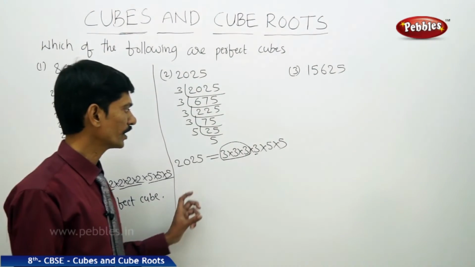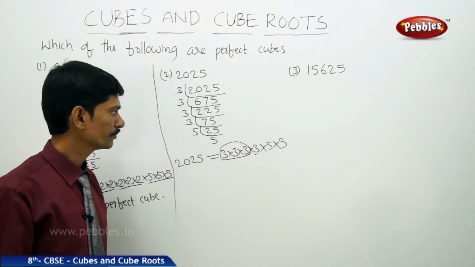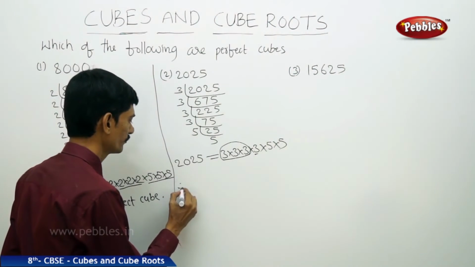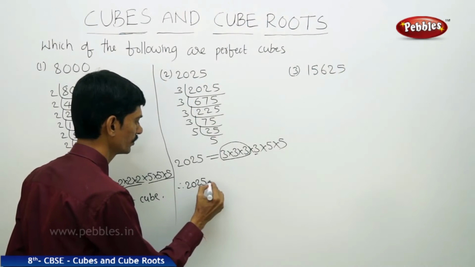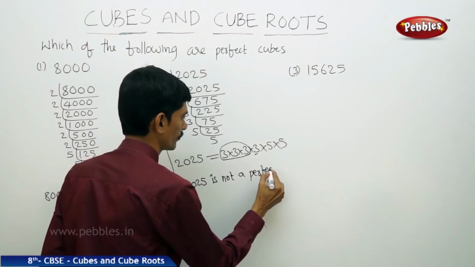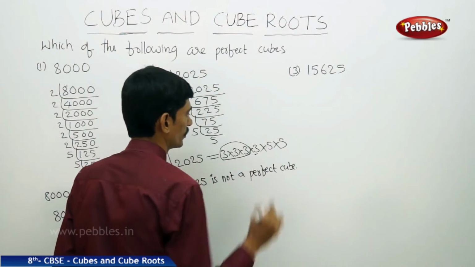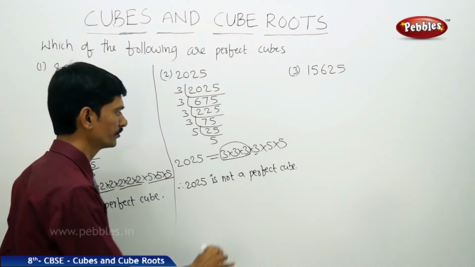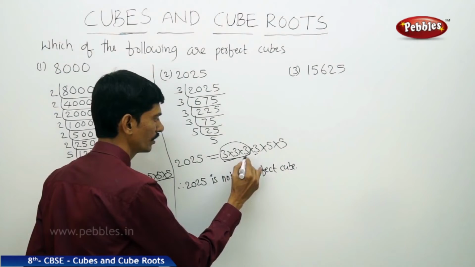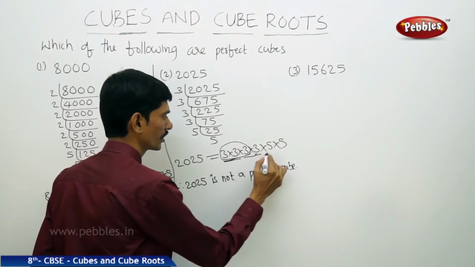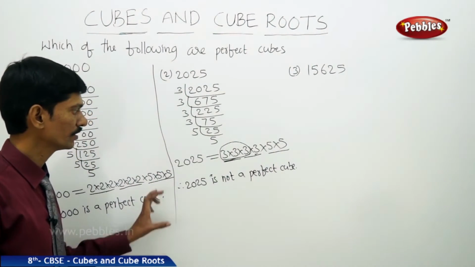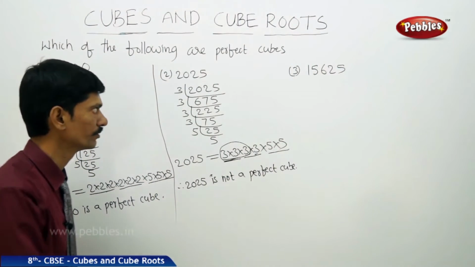This means each prime factor does not appear 3 times, so 2025 is not a perfect cube. But we can observe that it is a perfect square, because 3 into 3 is a pair, again 3 into 3 is a pair, and 5 into 5 is a pair. So each prime factor appears in a pair. So it is a perfect square but not a perfect cube.